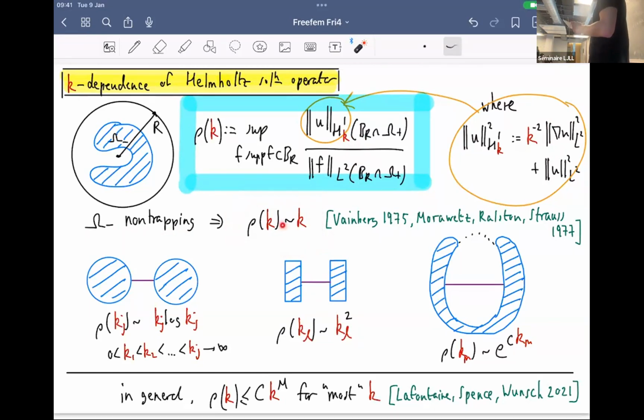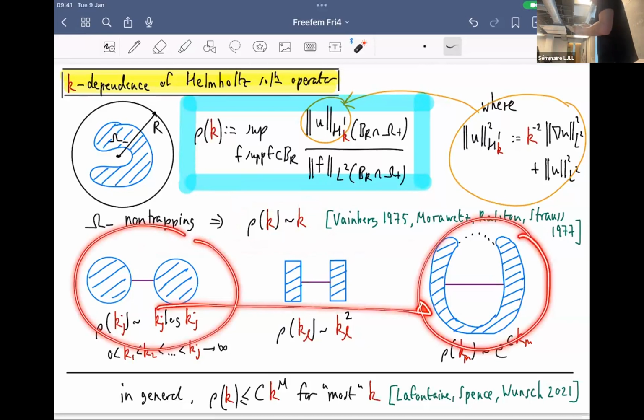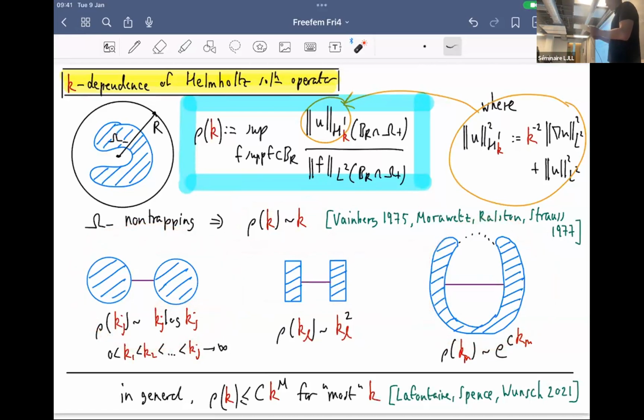I've written twiddles to mean it's bounded above and below by some constant independent of k, multiplied by k in this case. And then here I've drawn three different types of trapping domains, where the trapping is weak here and strong here. The overall picture is that the solution operator grows faster with k the stronger the trapping.